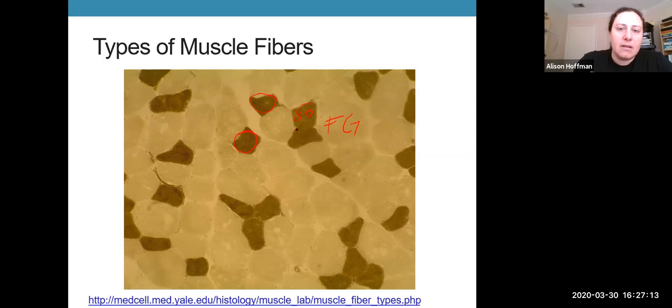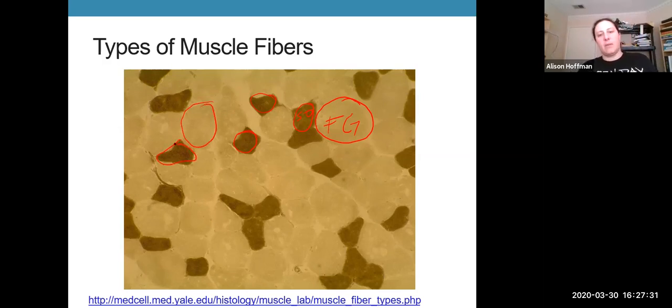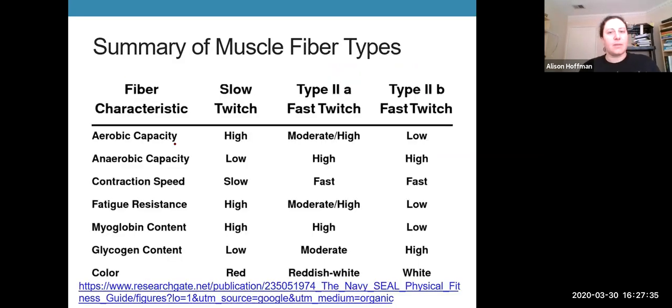So again, the presence of myoglobin and oxygen makes these darker, and the lack of myoglobin and the presence of glycogen make these lighter. The diameter differences might not appear that profound to us, but they definitely make a big difference.